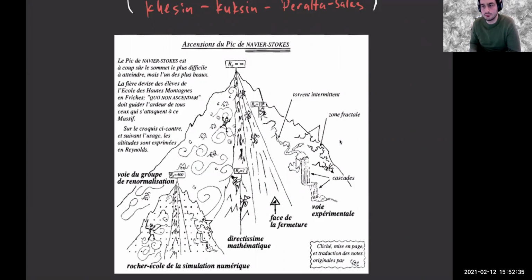Your orbits are going down into something like an SRB measure, the Sinai-Ruelle-Bowen measure. You don't have to imagine that there's really a deterministic system there. It might be crazy, but statistically it's there.